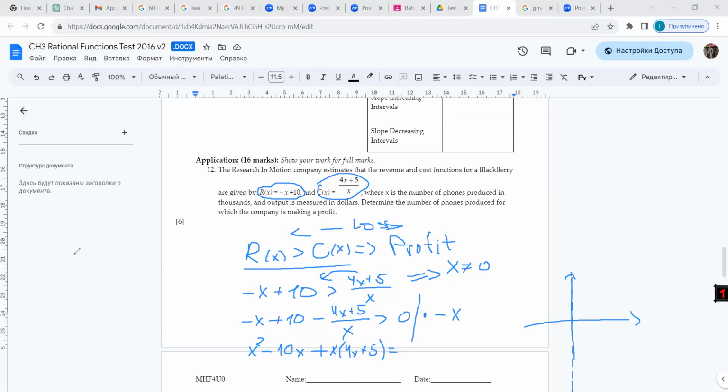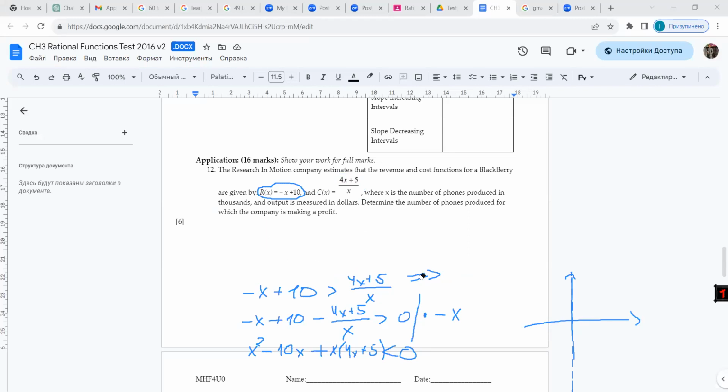Greater, now less than 0 because I multiplied by a negative number, correct? I'm gonna clear some space on top. Now we come back here and I say, now I need to open the brackets and simplify it.